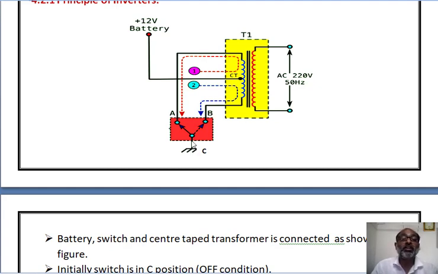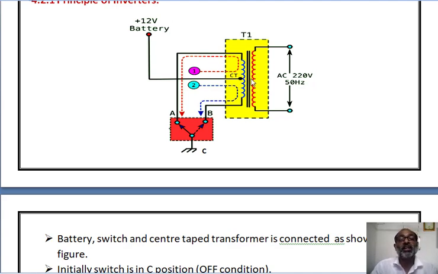Now due to this DC supply, current flows into the upper part of the transformer winding. The current passing through this winding produces flux in the core.